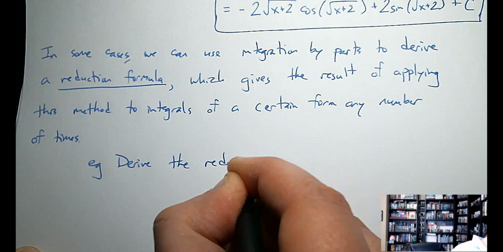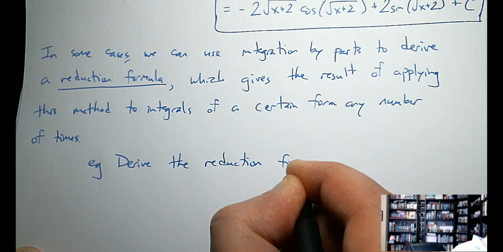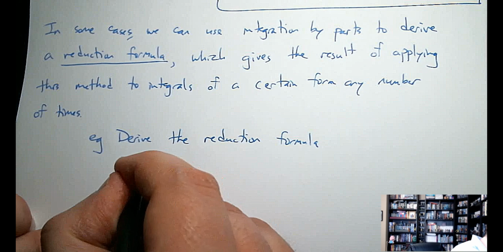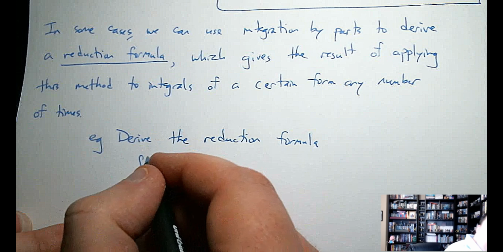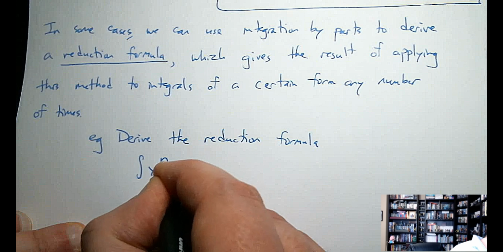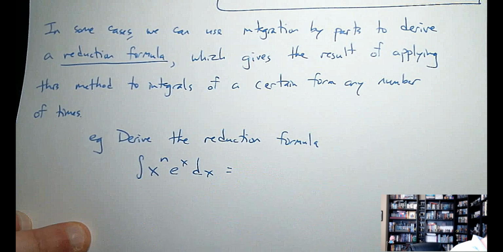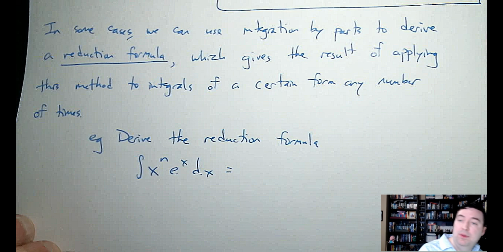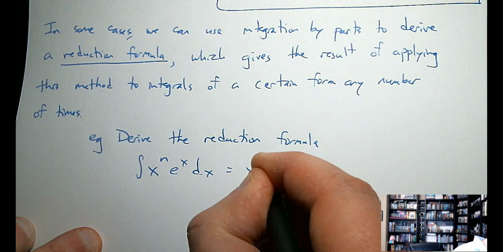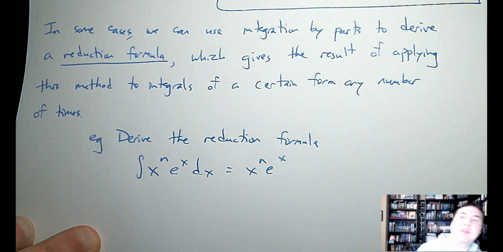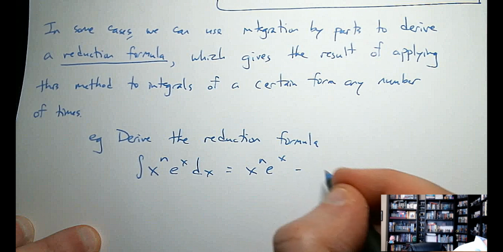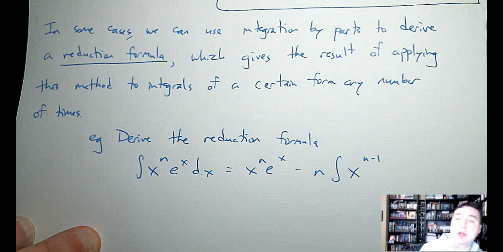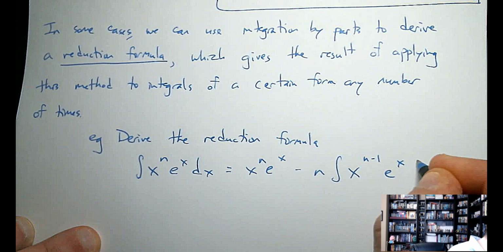Let's derive the reduction formula. Now the integral of x to the n times e to the x, we're going to show that for any positive integer n, this is always going to be equal to x to the n times e to the x minus that number n times the integral of x to the n minus 1 times e to the x.